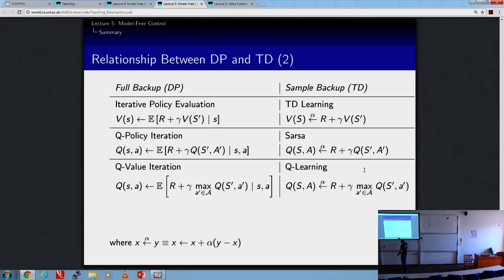Notice that the difference between the policy iteration and value iteration is there is an expectation over here, so I basically take a sum over all the possible S prime, A prime, whereas in the value iteration case there is a max here, so I'm only considering the best action, not all the actions. So remember that. But there's expectations because I have access to the full tree, and I can actually calculate those expectations exactly. If you do one-step sampling, you get the TD learning with V, SARSA, and Q learning updates.